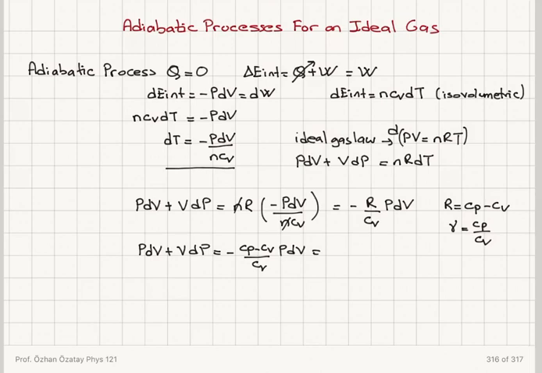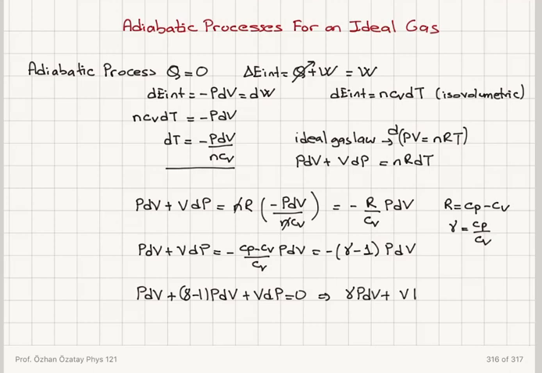So this is going to be minus (gamma minus 1) P dV. So if I take this to the left hand side, I have P dV plus (gamma minus 1) P dV plus V dP is equal to 0. Therefore, I find that gamma times P dV plus V dP is equal to 0.